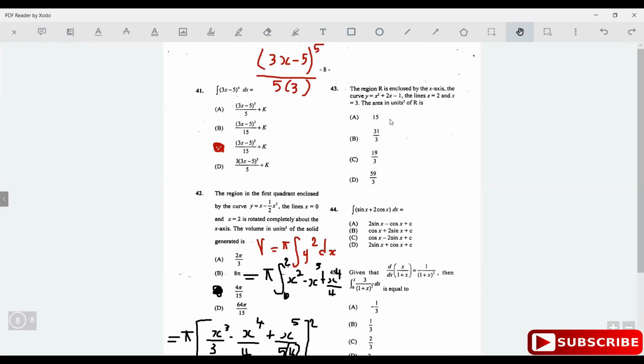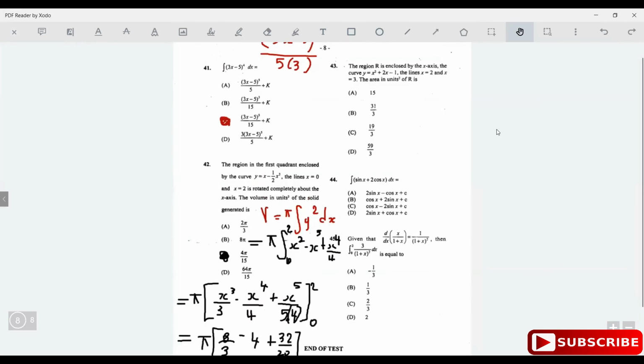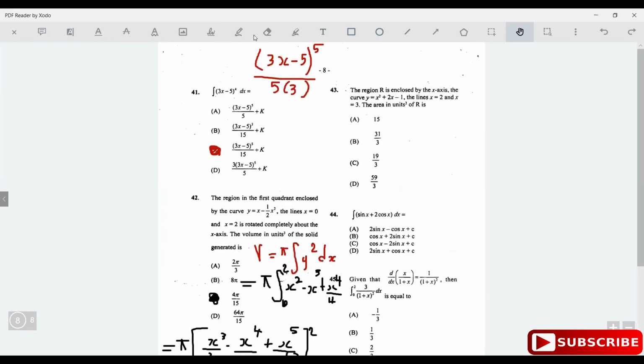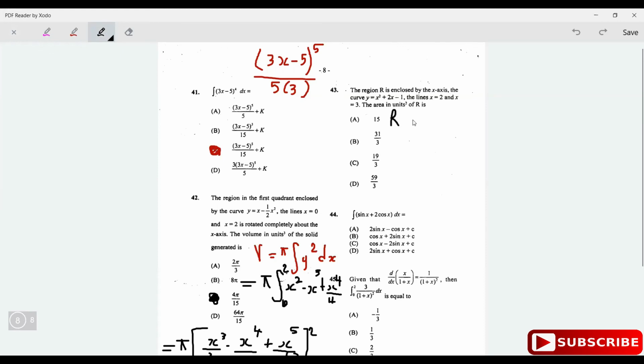Question 43 says the region R is enclosed by the x-axis and the curve y equals x squared plus 2x minus 1 from 2 to 3. Find the area. The area R is just going to be equal to the integral of y dx.